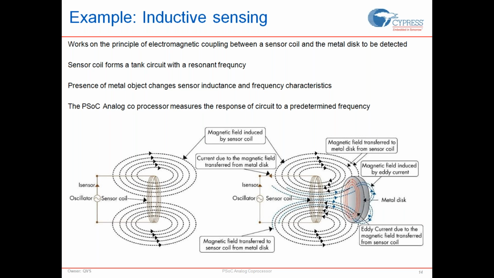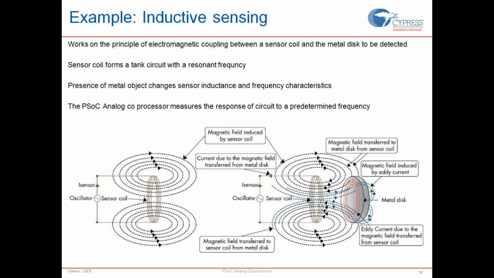If you have an air core, which is the case on the left, you will have a self-inductance for this coil. And once you have a metallic core, which is the presence of a metal object right next to the coil, which provides itself as a core to the magnetic fields, you end up having a different inductance. Typically, the inductance in the case when you place a metallic disc is going to increase because of the presence of this material.